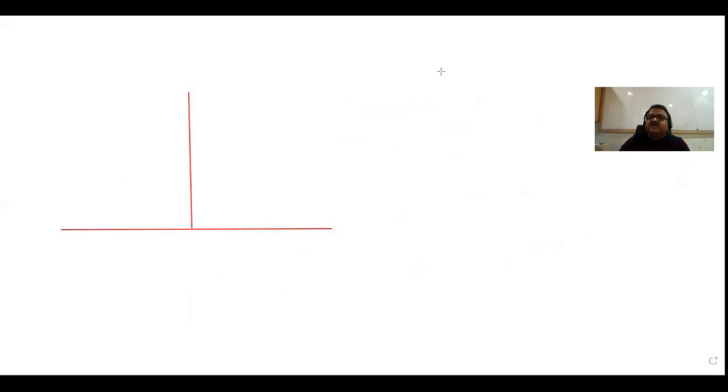What is the angle of incidence? This is the normal, this is the incident ray, this is the angle. Now, since the light is following the normal, that means this angle is 0 degree. So when light falls normally on the surface of separation, the angle of incidence is 0 degree.